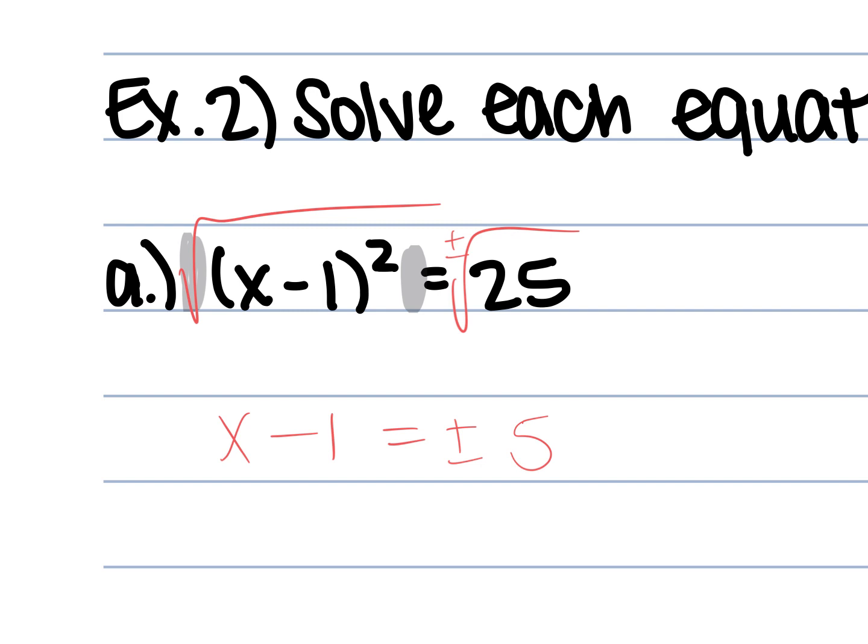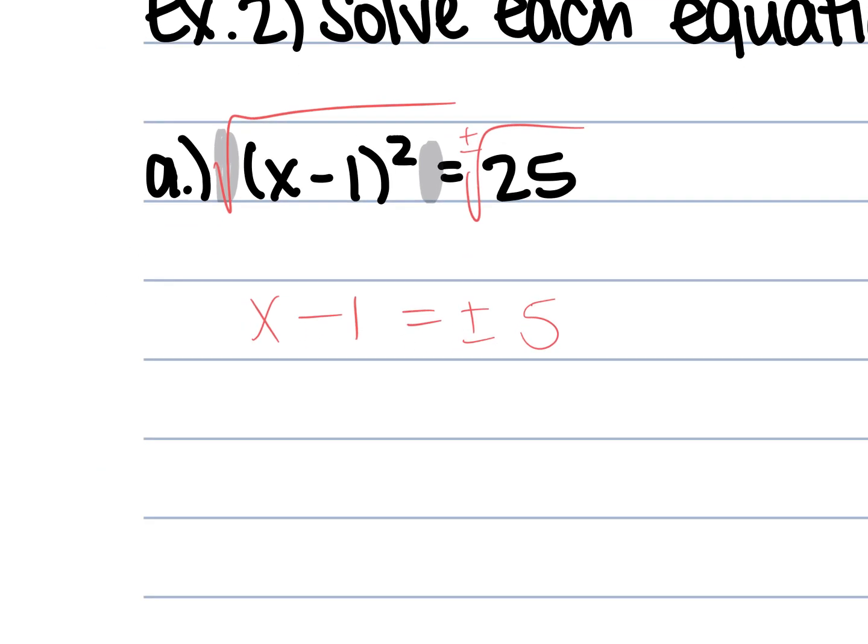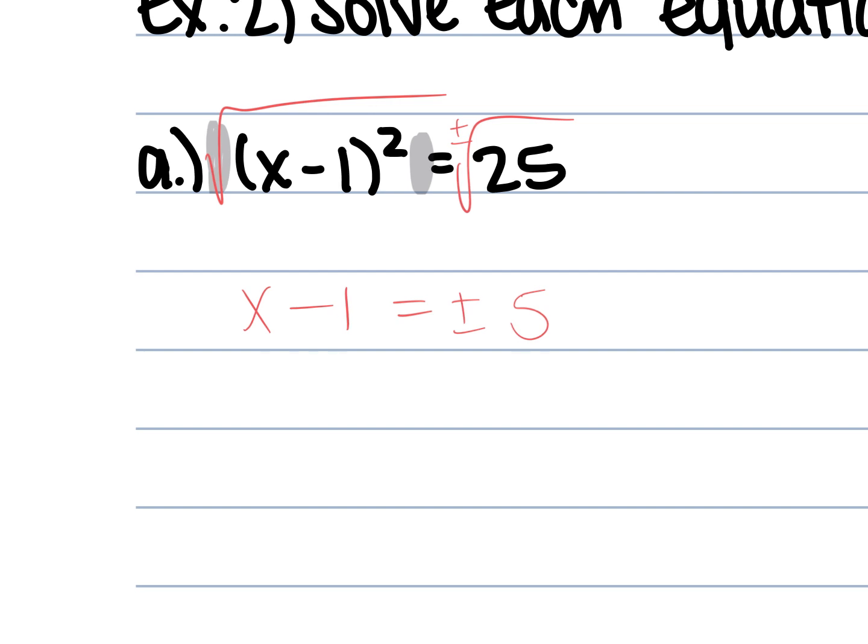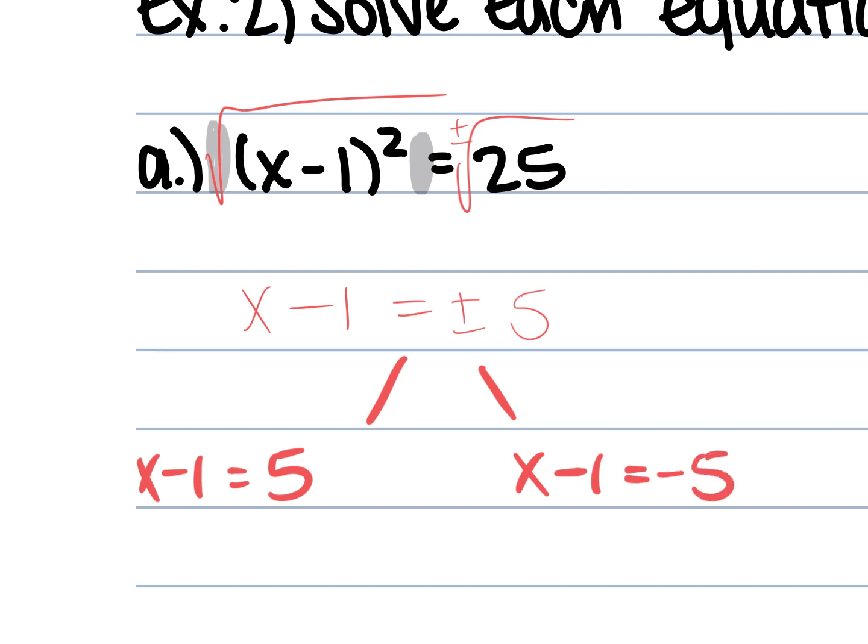Okay? Now, this one's a little bit different. We're going to have to split this up into how many equations? 2. One of my equations is going to be x minus 1 equals what? 5. And the other equation is going to be? X minus 1 equals -5. Okay? Because there's a positive 5 on the right-hand side and a negative 5 on the right-hand side.